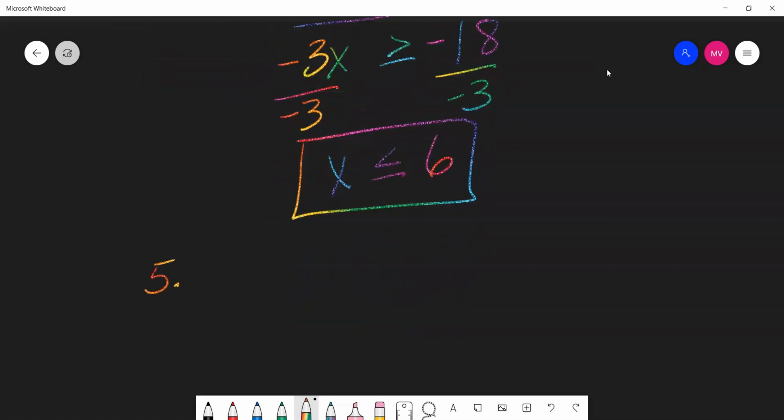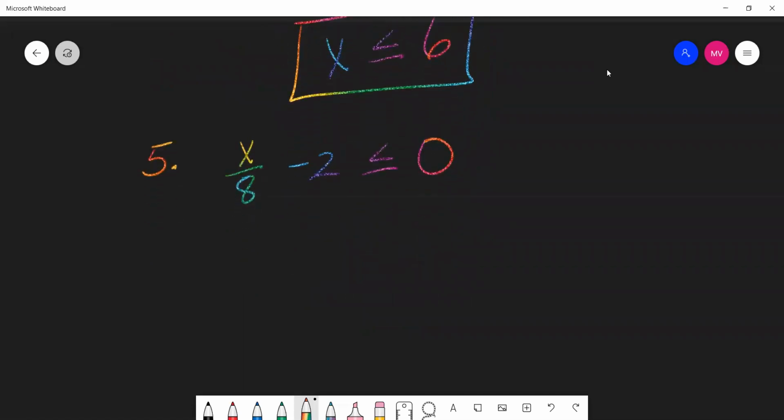Okay. Gabe, number 5. 5 is x divided by 8 minus 2 is less than or equal to 0. What do we do first? Add 2. And we end up with what?